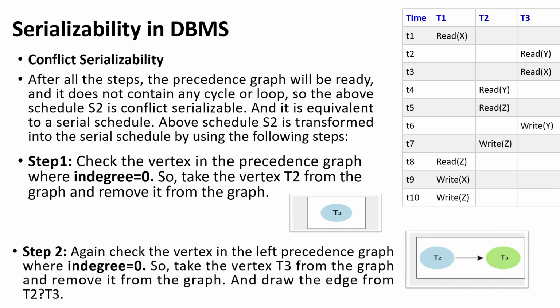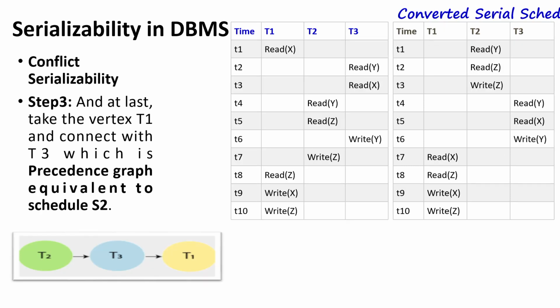So the above schedule S2 is conflict serializable and it is equivalent to a serial schedule. The schedule S2 is transformed into the serial schedule by using the following steps. You can check them out. And at last, the precedence graph is equivalent to schedule S2.